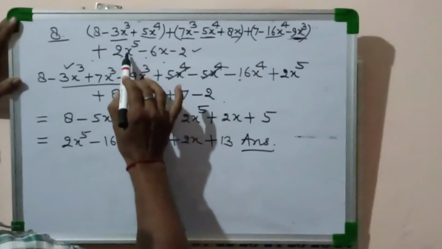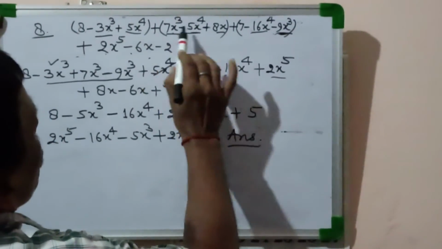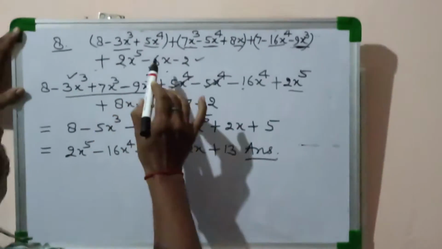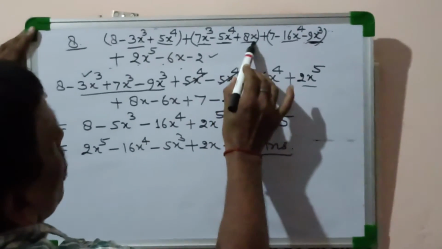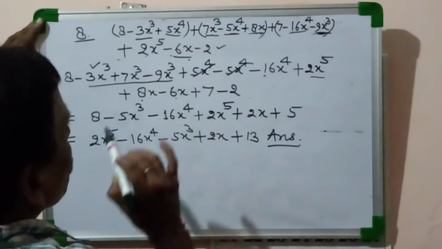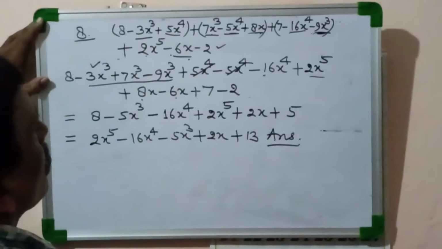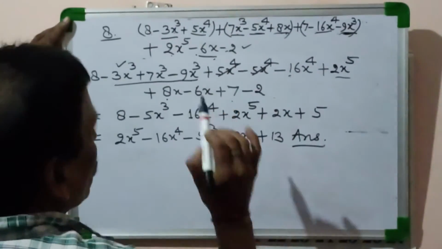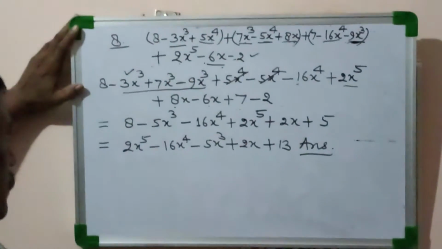Then 2x power 5, there is no term like this. Plus 8x minus 6x, then plus 7 minus 2. So arrange the terms like this.